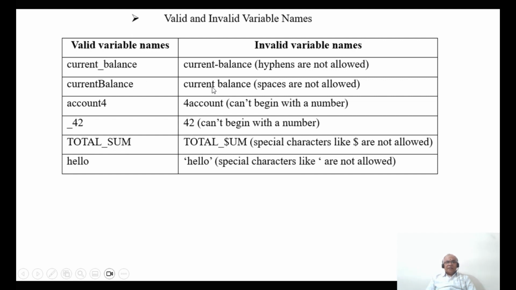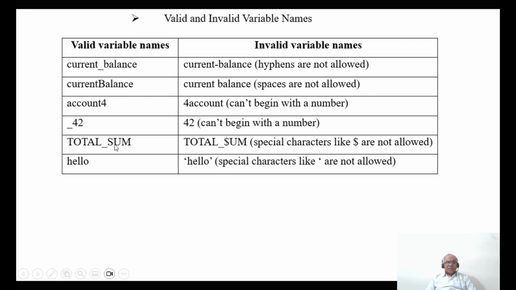If I give current, space, balance, it is an invalid variable name because spaces are not allowed. Account4 is okay. 4account is an invalid variable name because it can't begin with a number. Underscore42 is okay. 42 as a variable name is not possible because it can't begin with a number.